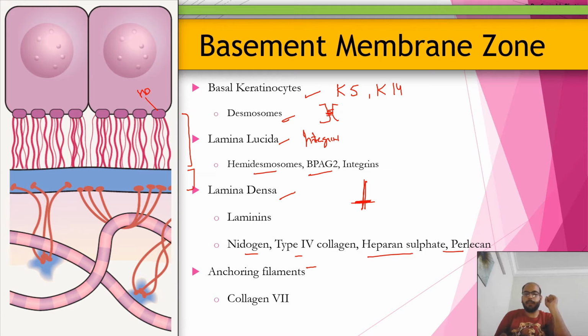And below that, in the papillary dermis, we have anchoring filaments, anchoring fibrils and collagen 7. Okay, if you want a detailed discussion, then look at the previous 3 videos where we discussed the basement membrane zone in complete detail, so that you can easily understand the normal architecture, the normal structures, and then you come back to the EB group of disorders so that you can better understand the defect.